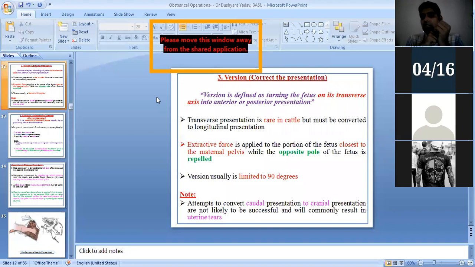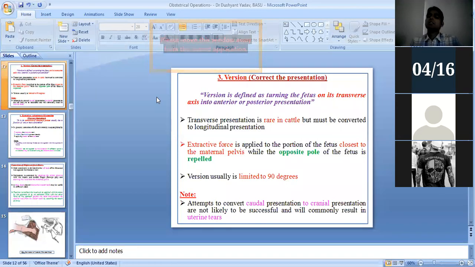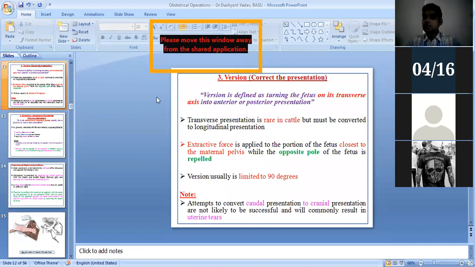Then how do you know that there is an abnormal presentation? You should know that there are two normal presentations. Most people think that posterior presentation is not normal, but it is normal. Anterior presentation is where the head is coming towards the birth canal, and posterior presentation is where the hip portion is towards the birth canal.